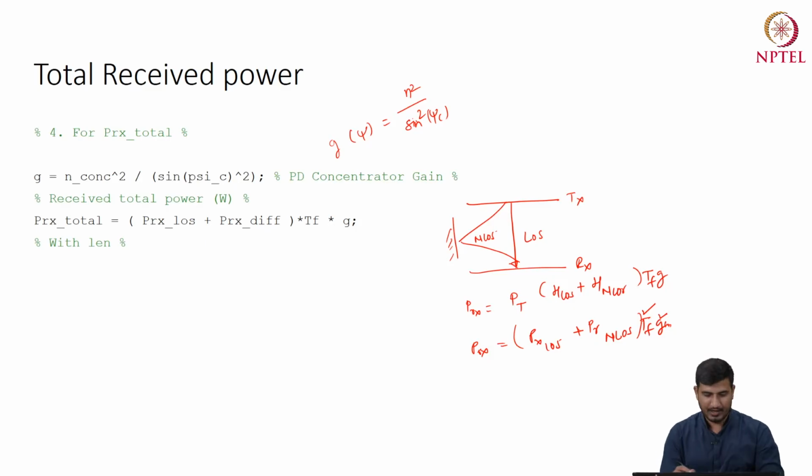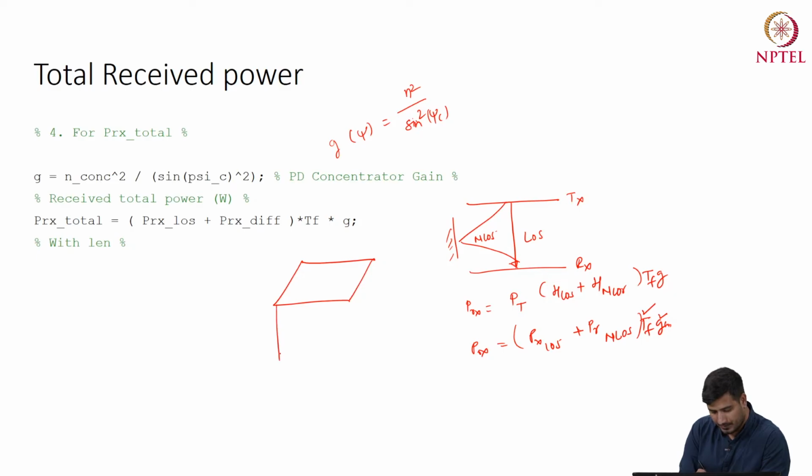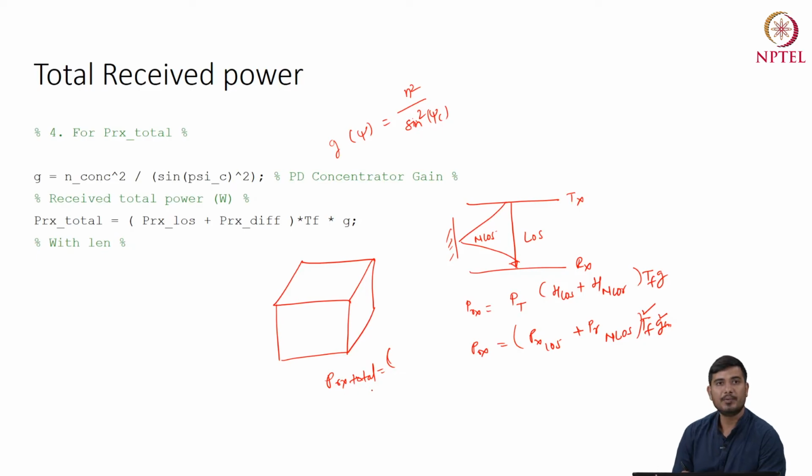And as you know, we have considered a 3D room here. So your output P received total will be a 3-dimensional vector.